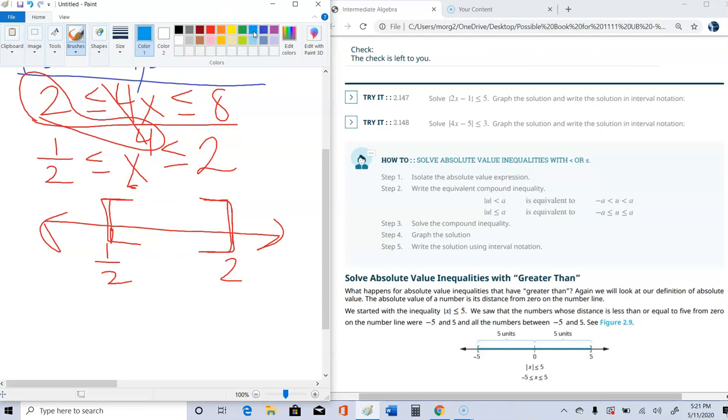So we'll shade everything in between 1/2 and 2. Now, it's very easy to get our answer in interval form because you just take what was on your number line. It's the exact same symbols, same numbers, and same order.